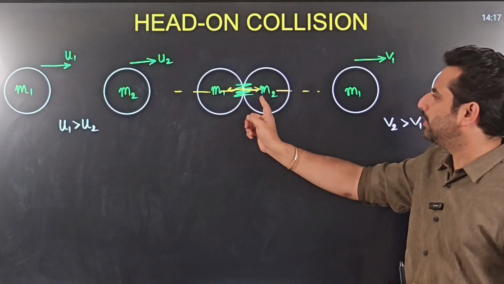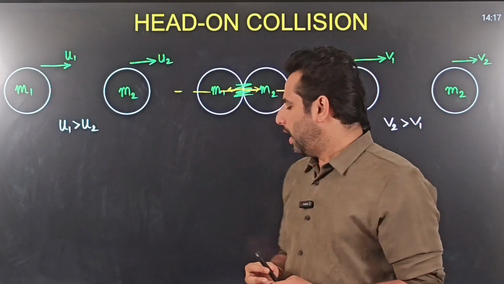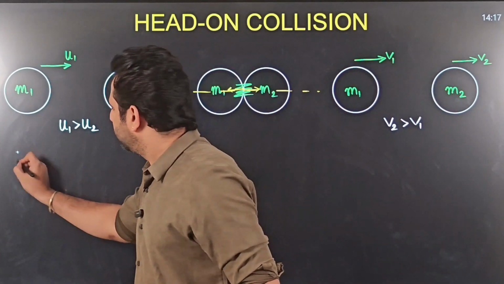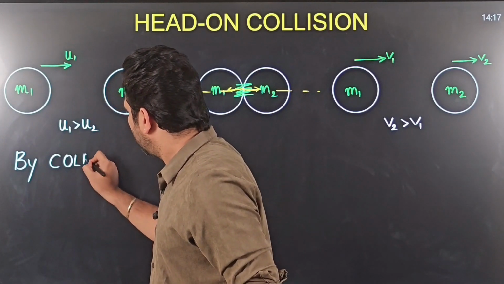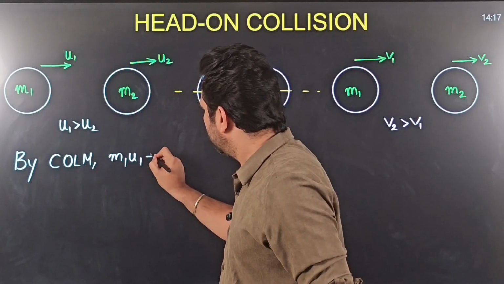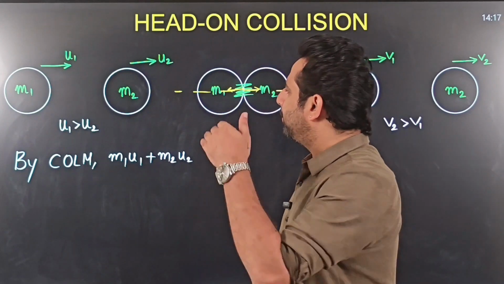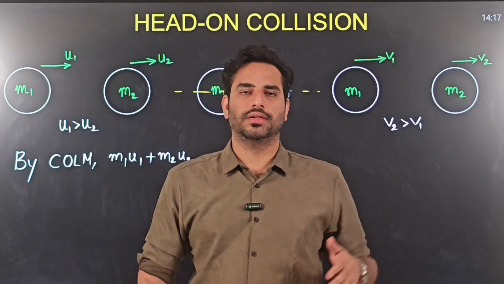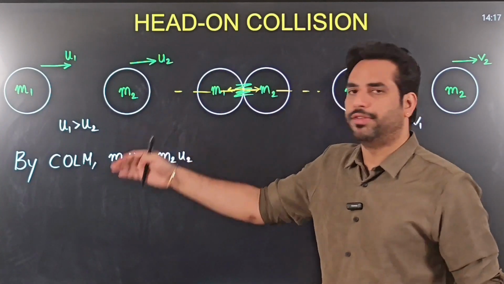The collisive force becomes internal force because my system is m1 plus m2. I can apply conservation of linear momentum on m1 plus m2 system. So the first equation is by conservation of linear momentum on m1 plus m2 system. Initial momentum of the system is m1 u1 plus m2 u2. Because the momentum of m1 and the momentum of m2 are directed along horizontal, you don't have to complicate this equation by expressing momentum in vector form.